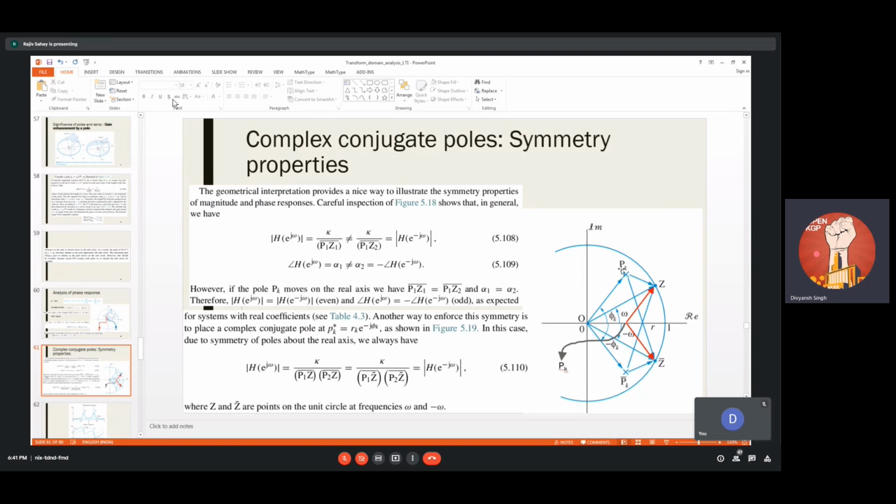So this length and this length are the same as this length and this length. So again you see that the modulus of the frequency response is an even function of omega. So with complex conjugate poles and for real poles, we have shown that the symmetry properties will hold.